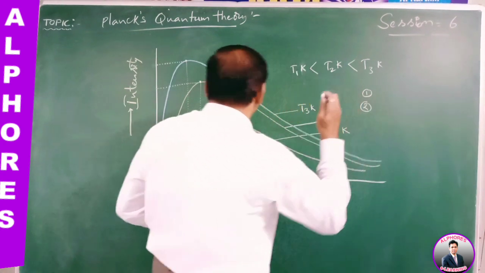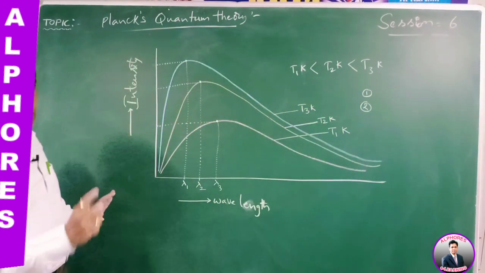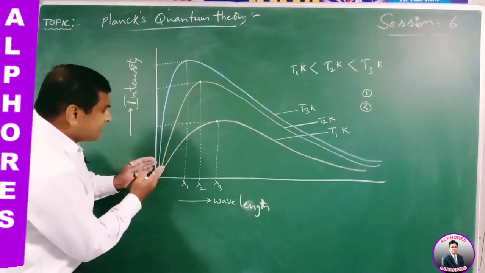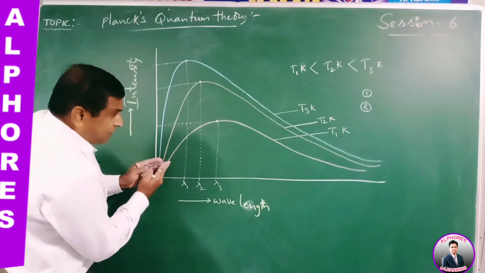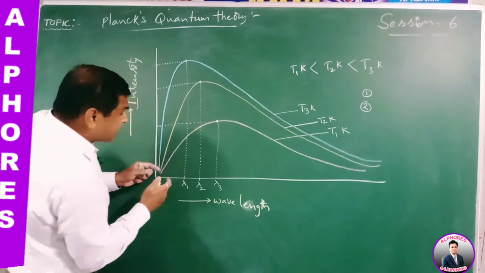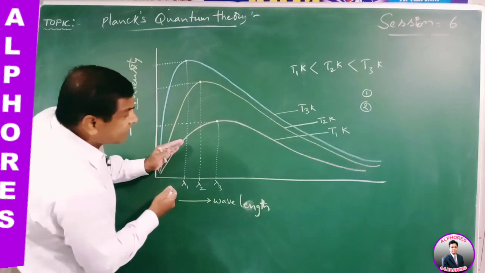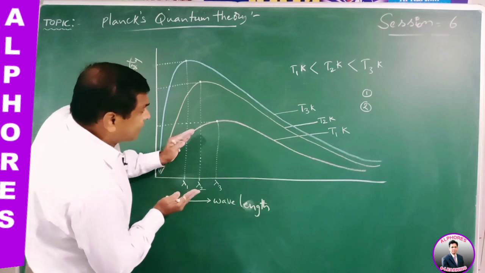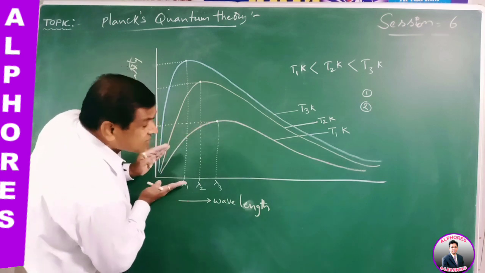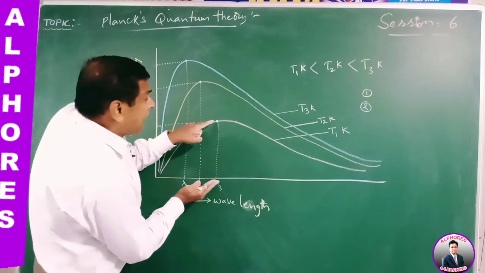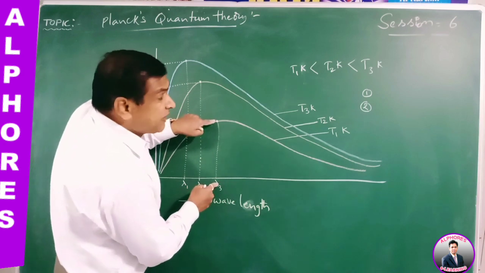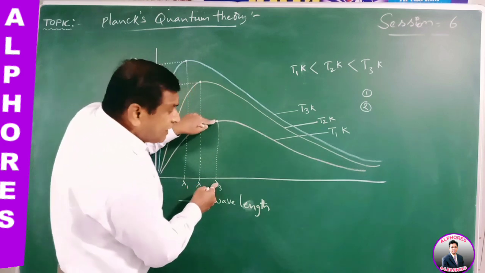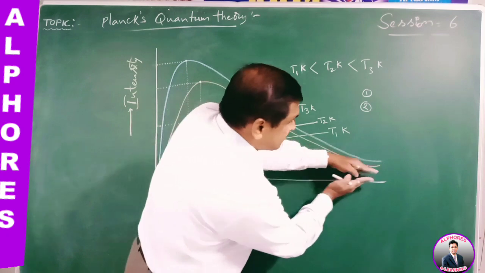And coming to the second point. Intensity of the radiation energy increases with increased wavelength. This becomes maximum to a certain extent, then decreases.